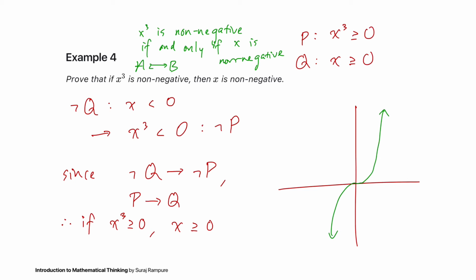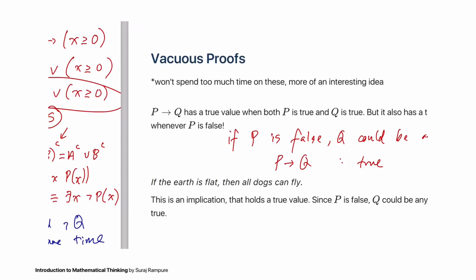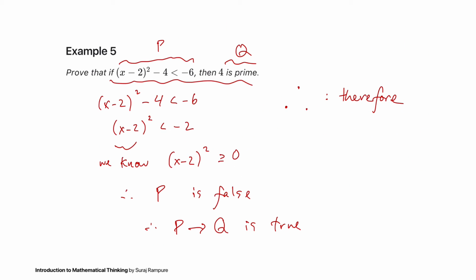Otherwise, it's not a complete proof. Okay? That's a good point, and you'll see a lot more of this. But to show x cubed is non-negative if and only if x is non-negative, you'd have to show the direction one way and the opposite way. Good point. Cool. Any other questions regarding vacuous proofs?